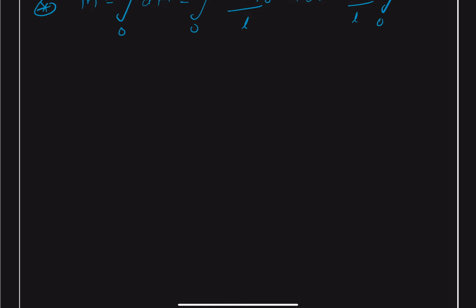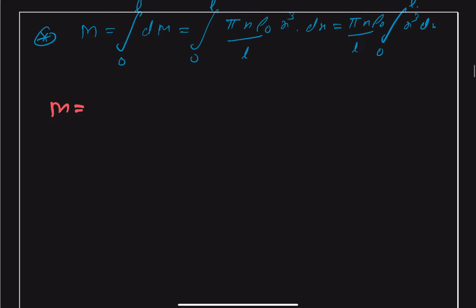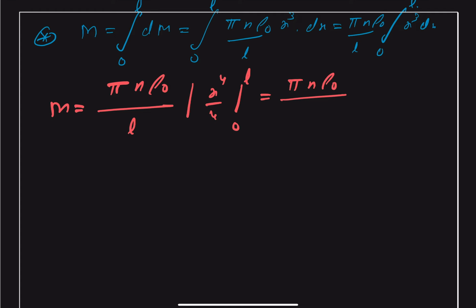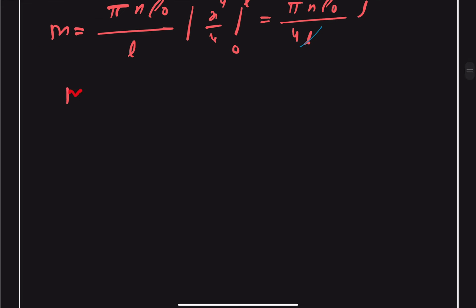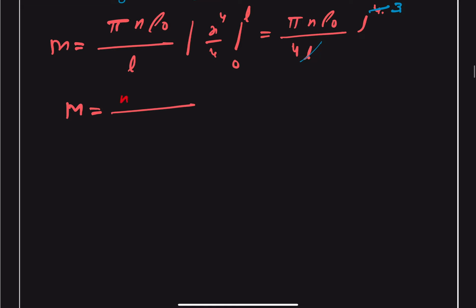So we can write our magnetic moment is equal to pi n rho naught upon L times x to the power 4 by 4, from 0 to L. So it comes as pi n rho naught upon L times 4, and this will be L raised to power 4, and this L cancels, leaving us L cubed. So we get our magnetic moment will be equal to n pi rho naught L cube upon 4.